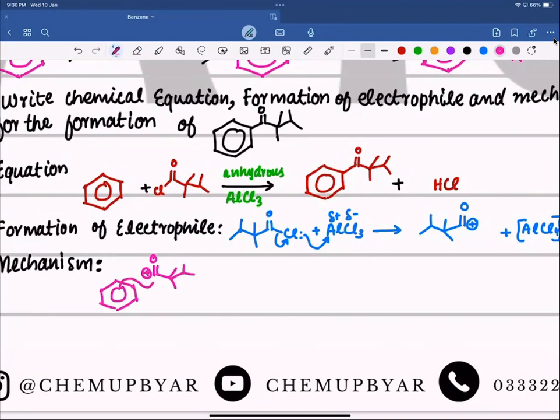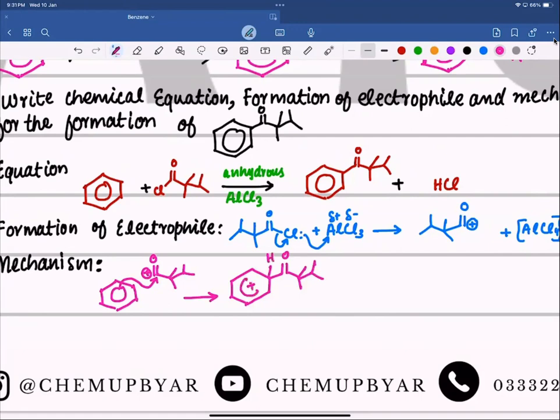Benzene attacks from its pi bond to that carbon, and as a result, that C double bond O carbon is bonded to the benzene ring, and there is a hydrogen.